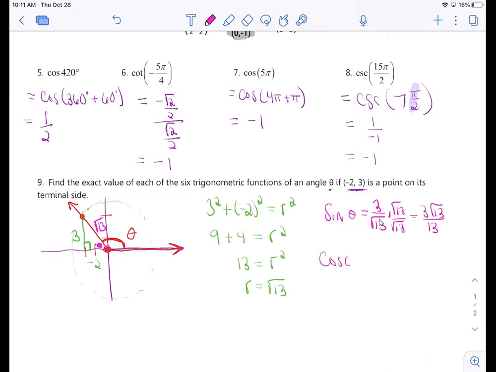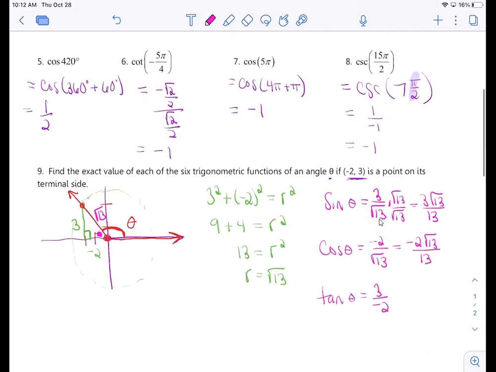Okay, cosine theta is adjacent over hypotenuse. Rationalize it. I'm going to save us some time. -2 root 13 over 13. Tangent of theta is going to be opposite over adjacent. Or you can look at it as y over x.